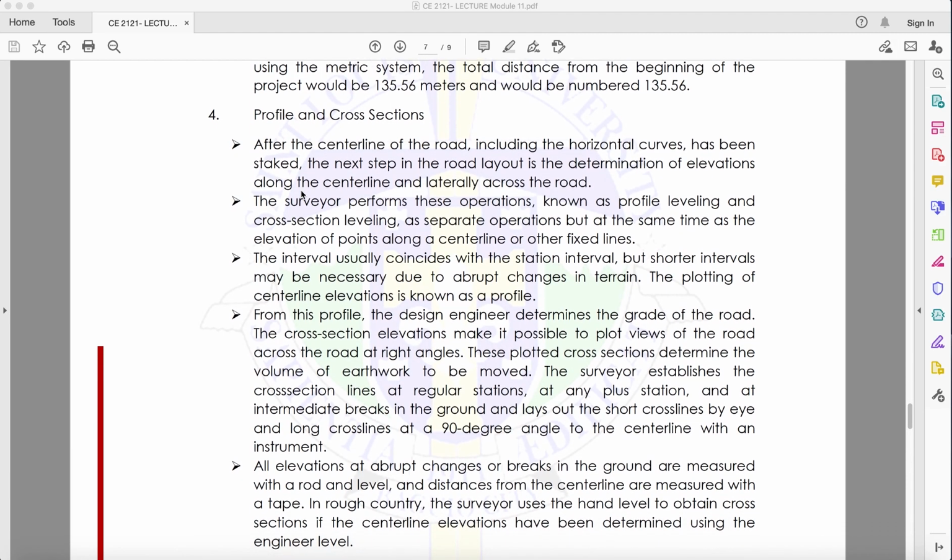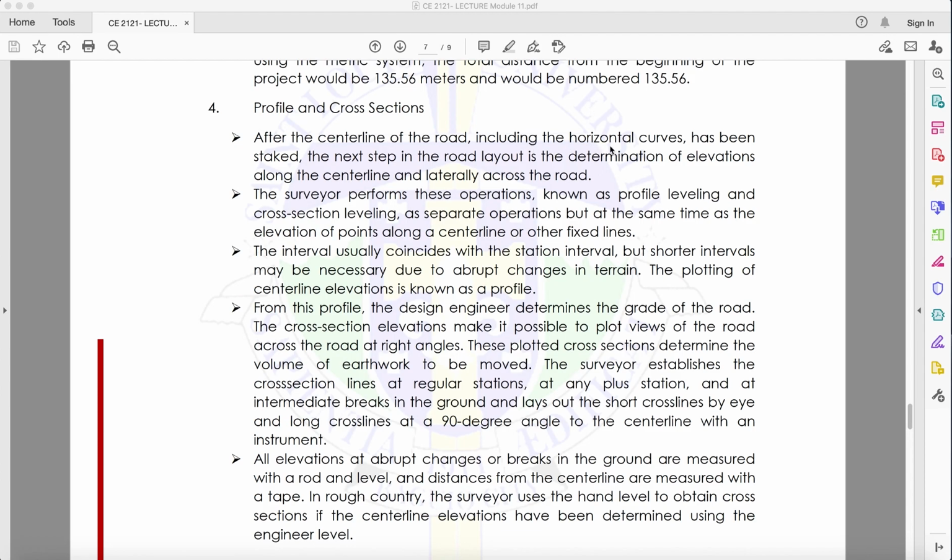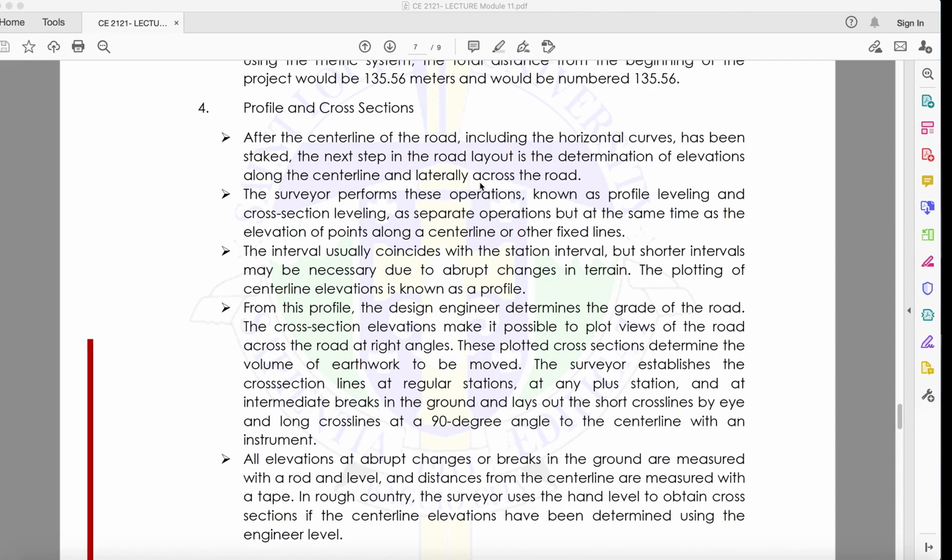So after the center line of the road, including the horizontal curves, has been staked, the next step in the road layout is the determination of elevations along the center line and laterally across the road.